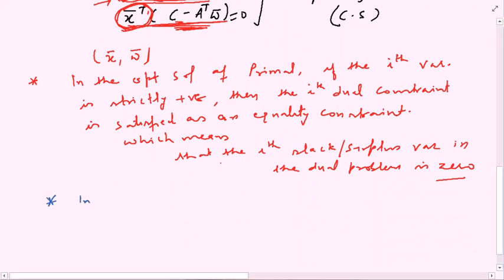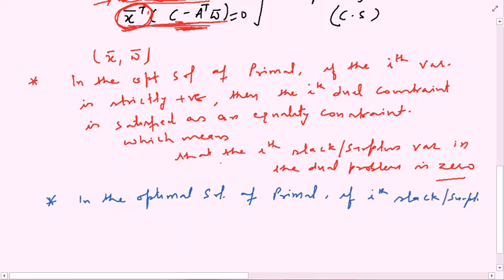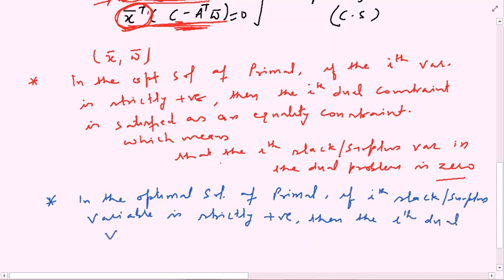In the optimal solution of primal, if the ith slack or surplus variable is strictly positive, then the ith dual variable is 0.